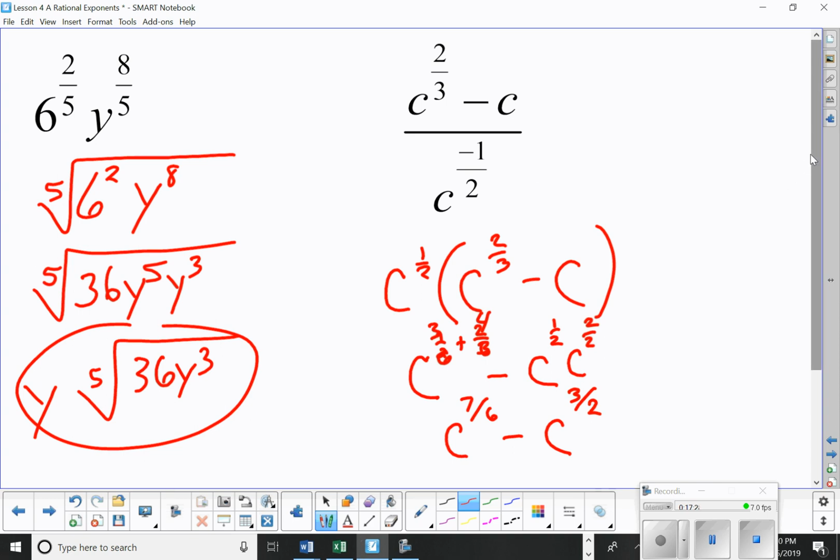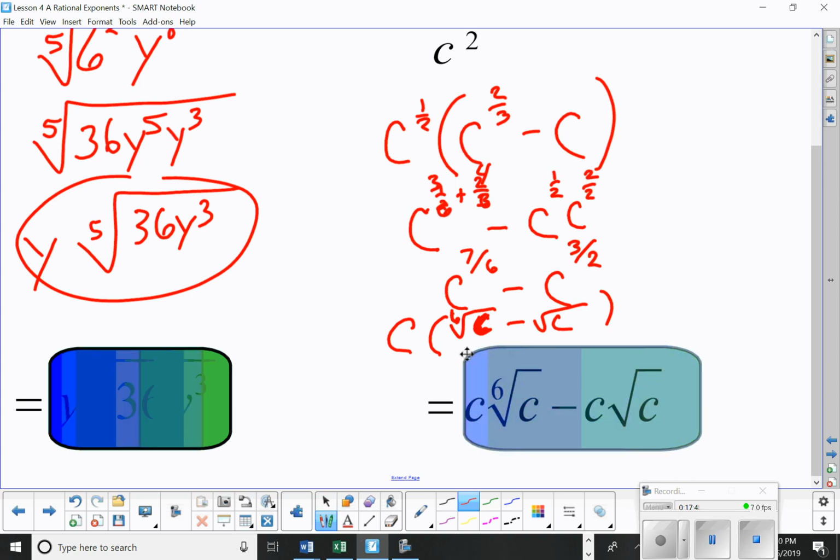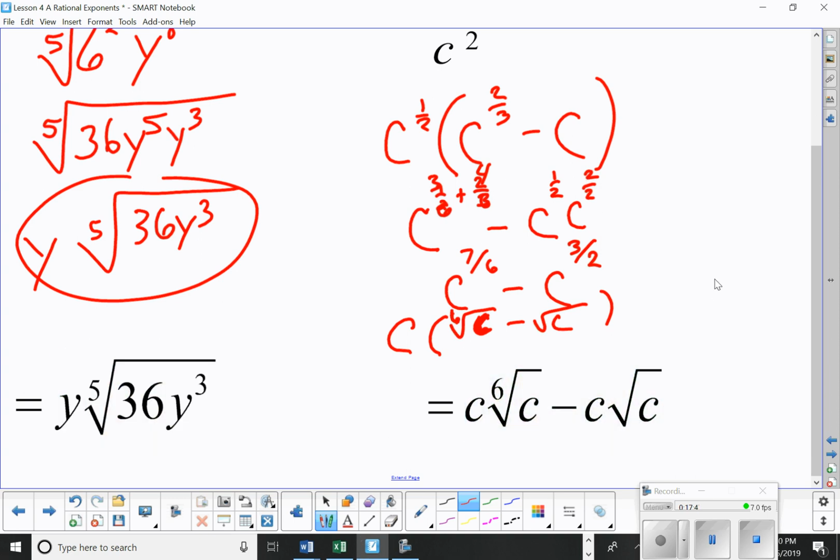I can take a c out, and then I have the 6th root of c minus the square root of c. And you can't do anything else with it. There's no other way because that's as simple as it goes. I'm not really a big fan of this problem because, while you can simplify it, it still looks kind of complicated.